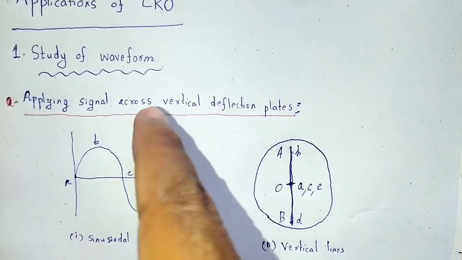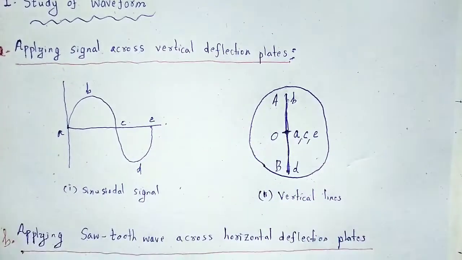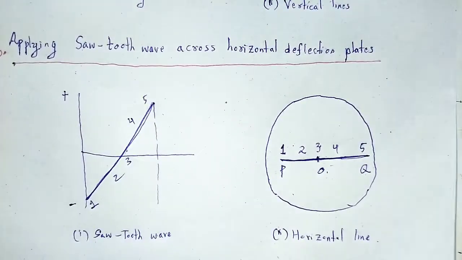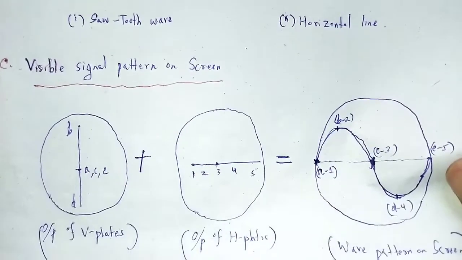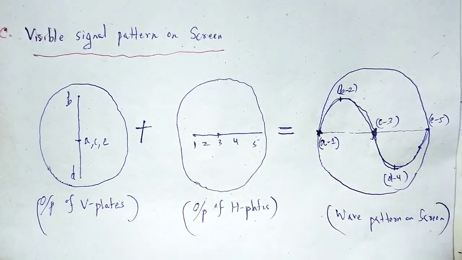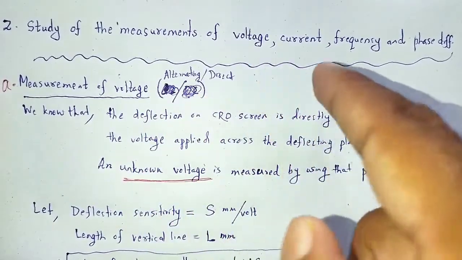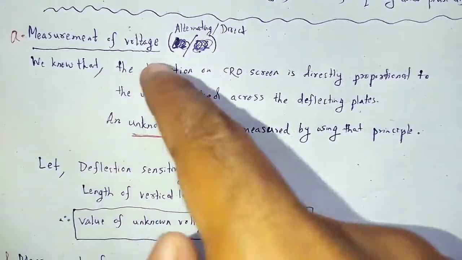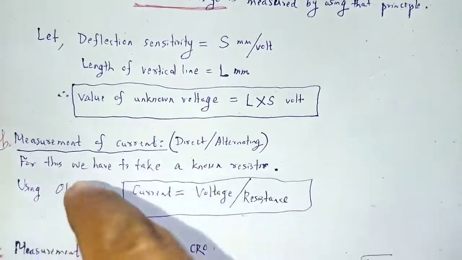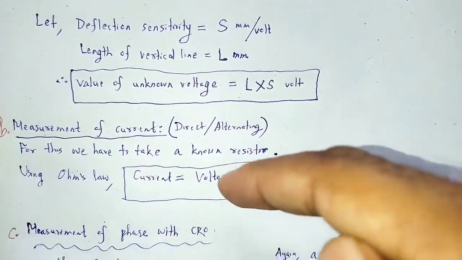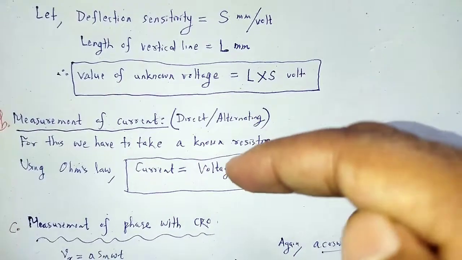One application is the study of waveforms: how we visually show the waveform on the screen using the CRO. Next is the measurement of voltage, current, frequency and phase difference. First voltage is measured, next current, which we measure by taking an unknown resistor.